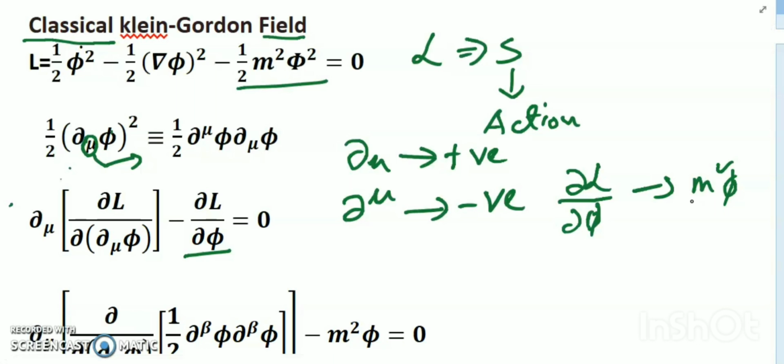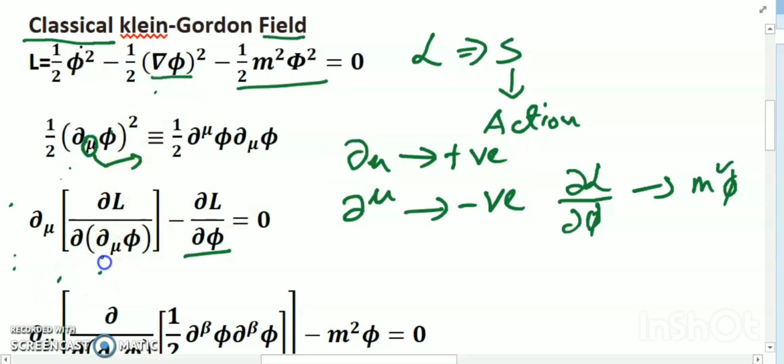This is the first partial derivative of the Lagrangian with respect to phi. The Lagrangian is a function of the gradient, and you must remember this.